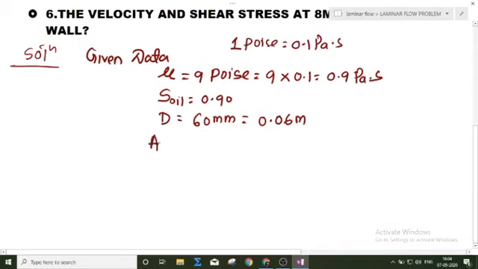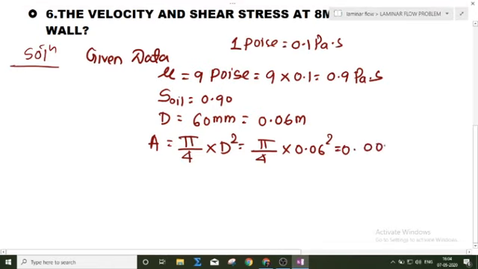What is the cross sectional area of the pipe? That is pi by 4 into d square, so pi by 4 into 0.06 square. How much is the area coming out to be? The area is coming out to 0.002827 meter square. What is the pressure drop given to you?